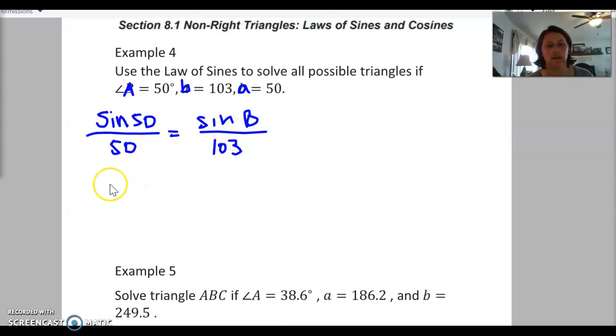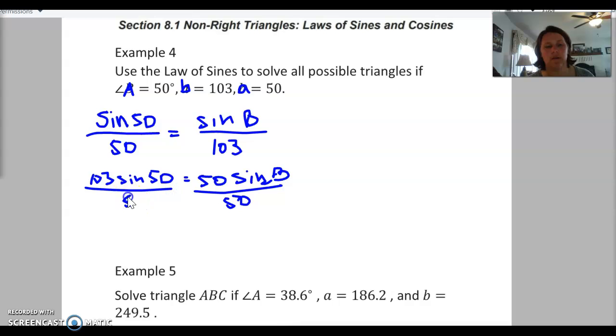I'm going to cross multiply and solve this. I've got 103 sine of 50 equals 50 sine of B, and then divide both sides by 50. Don't cancel those 50s out.